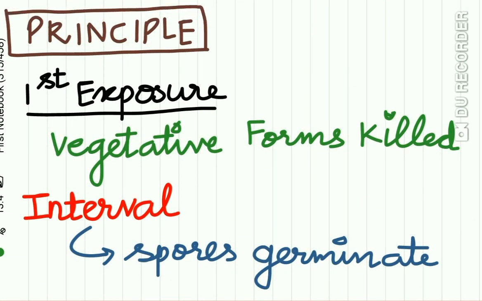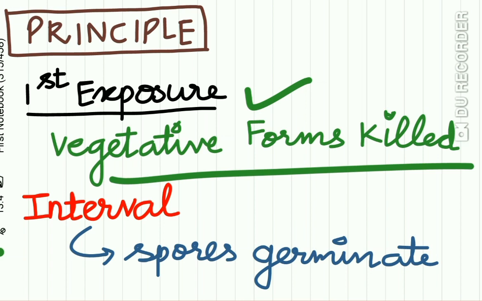Now, the principle is that the first exposure on the first day kills all the vegetative forms, and in the intervals between the heats, the remaining spores germinate into vegetative forms. So after the first exposure, all the vegetative forms are killed.